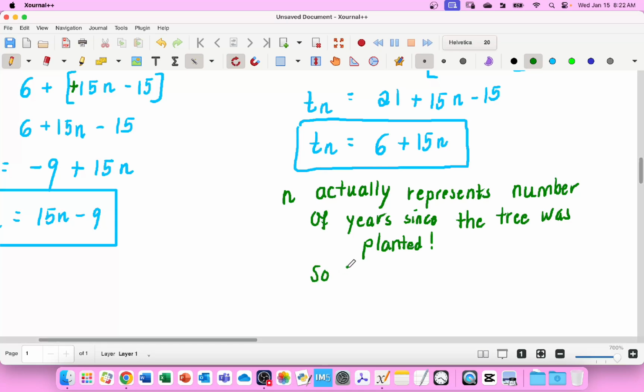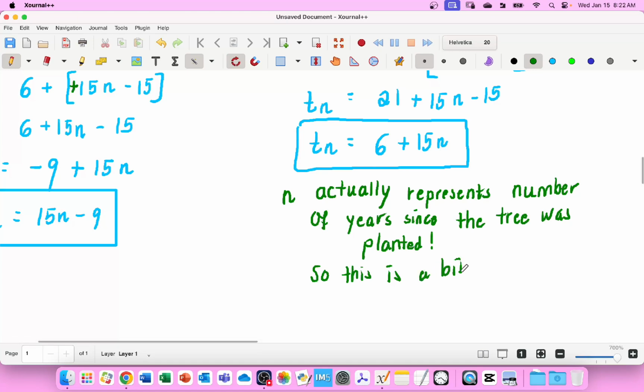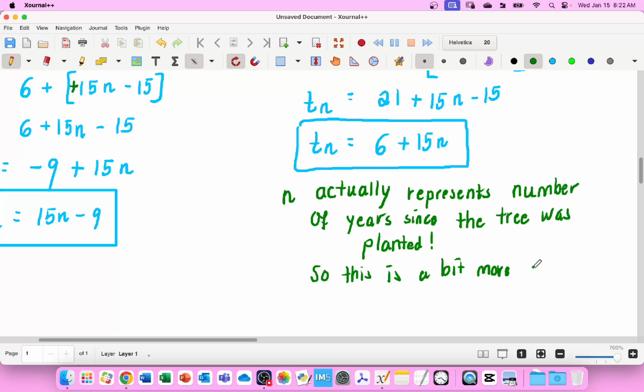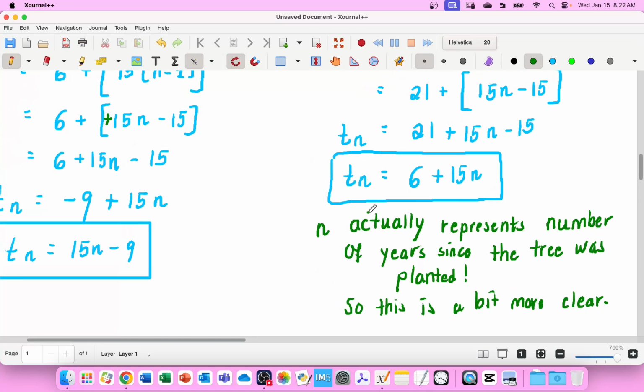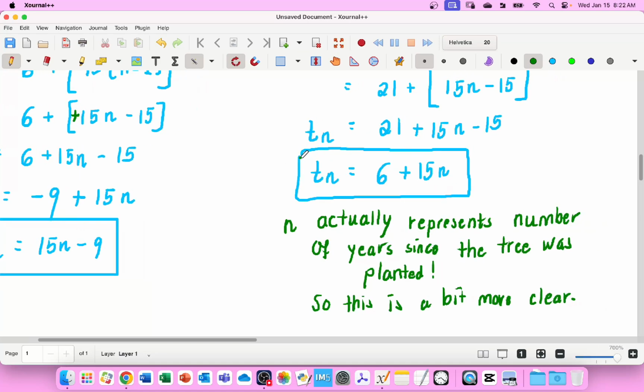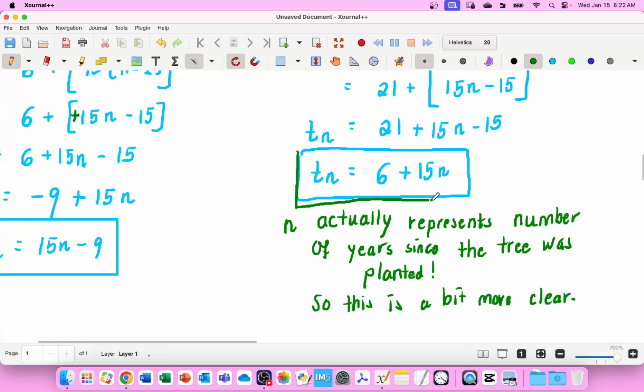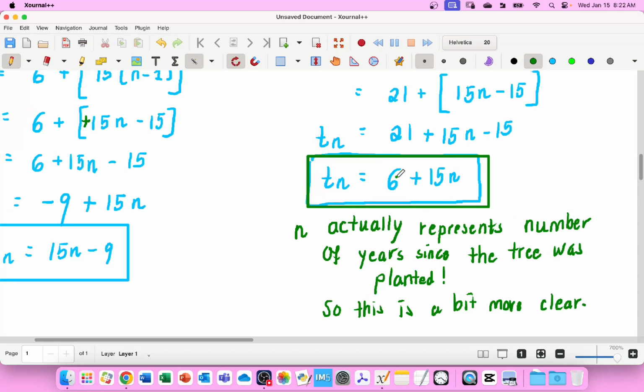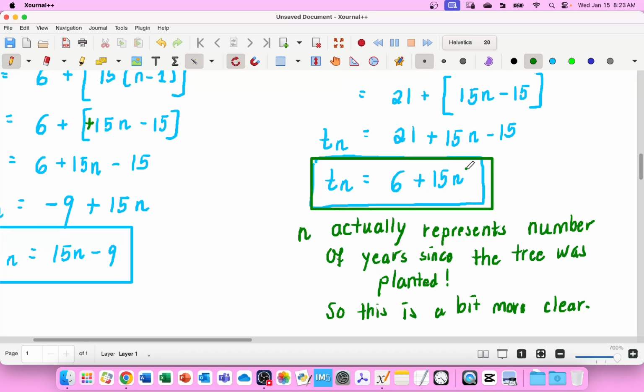So this is a bit more clear. I feel that Jenna's general term is a bit more clear because n can actually represent the number of years since the tree was planted.